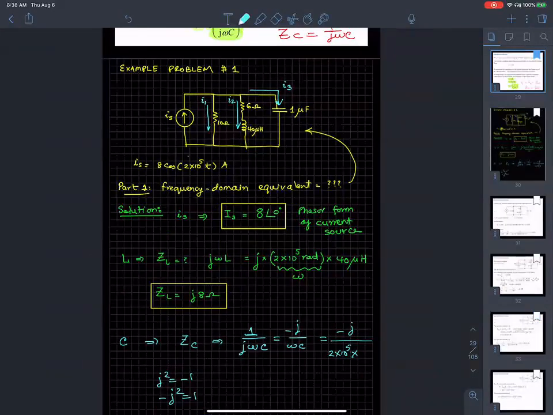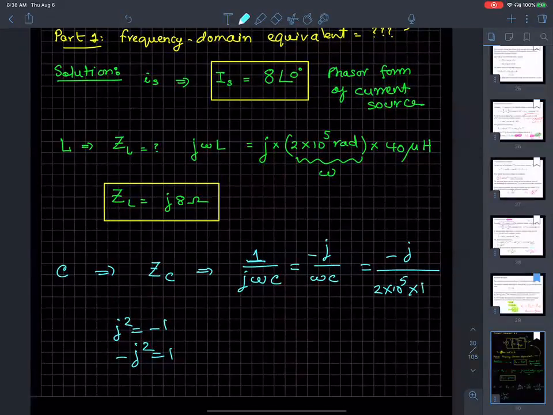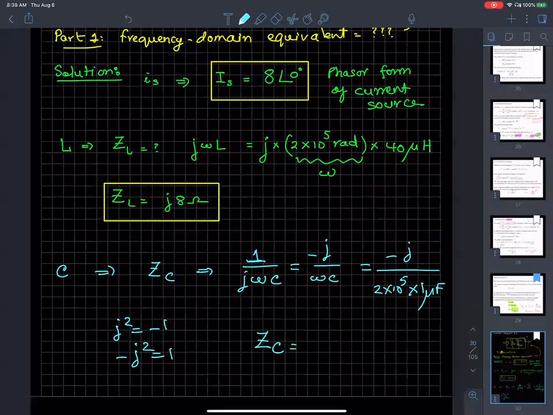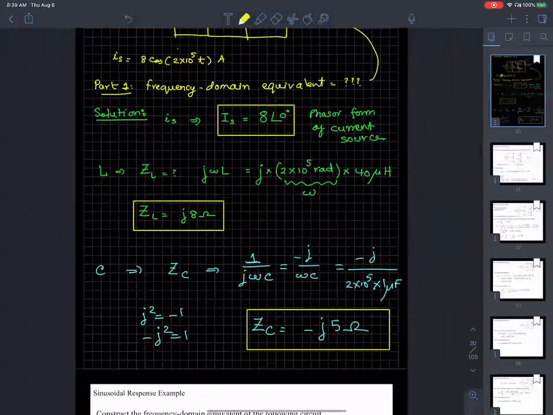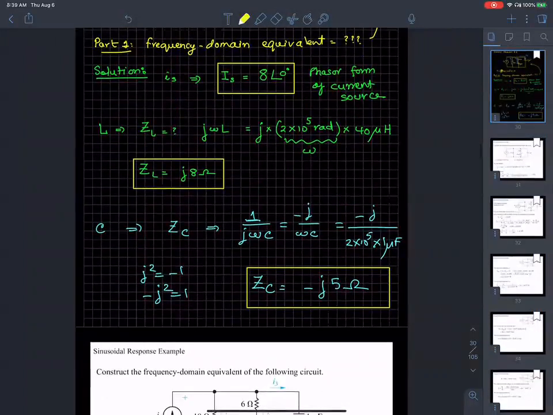Once I do that, I'm going to get a value of ZC equals negative J 5 ohms. Notice that all of these impedances, ZL, ZC, and R, are in the form of ohms.